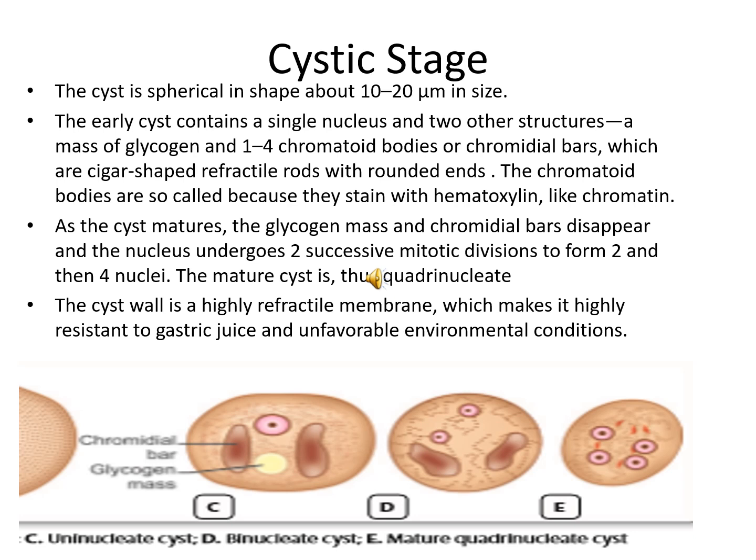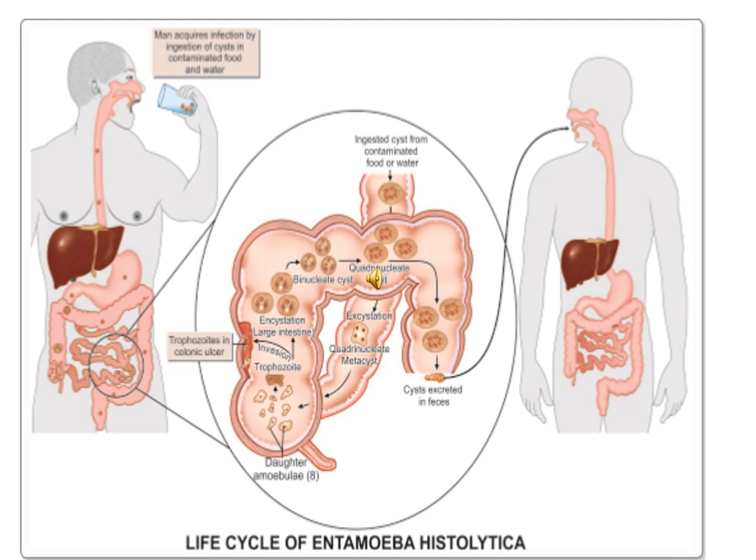So this is the cystic stage, the maturation from the precyst to a cyst. The final cyst is the quadrinucleated cyst, which is the infective form.